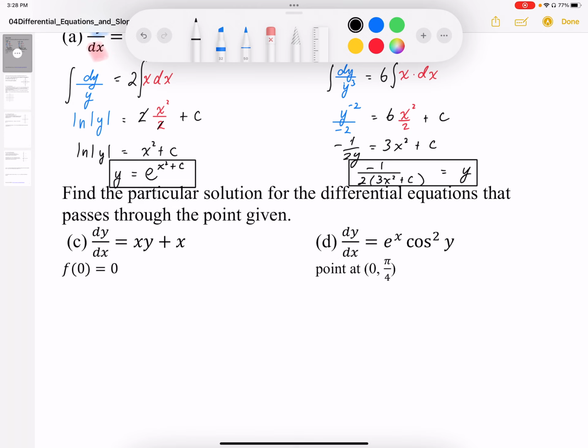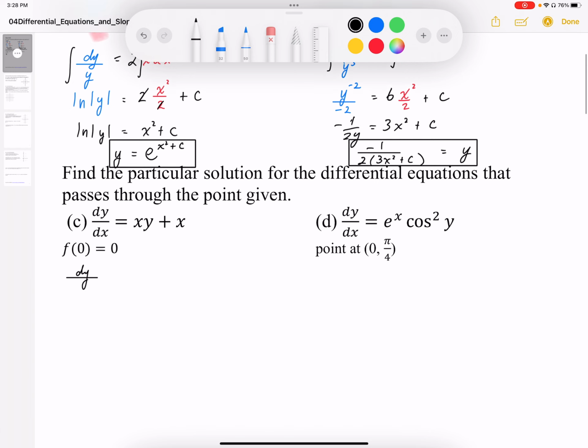So it's still the same thing. We need to separate and integrate this. To do this, we need to have times factors, so I'm going to rearrange this. I'm going to have dy over dx, but I need to factor this. Unless it's factored, I cannot separate the x from the y.